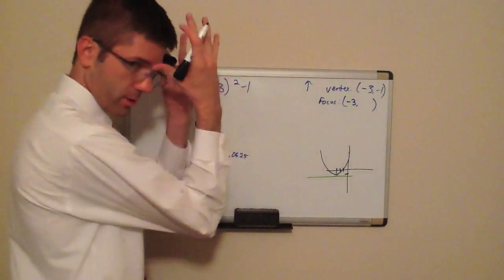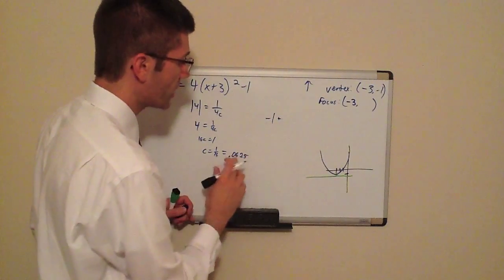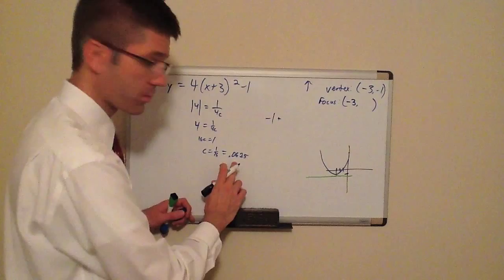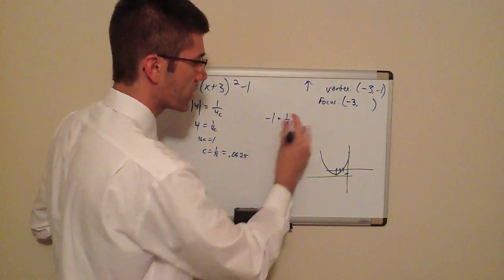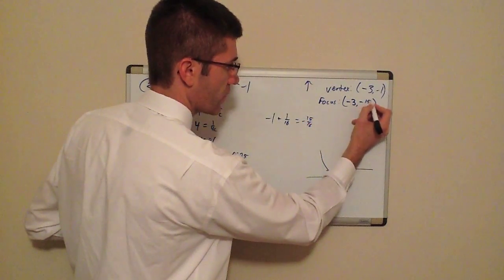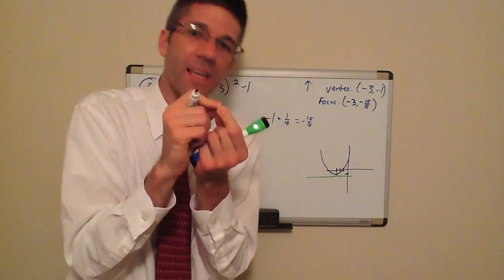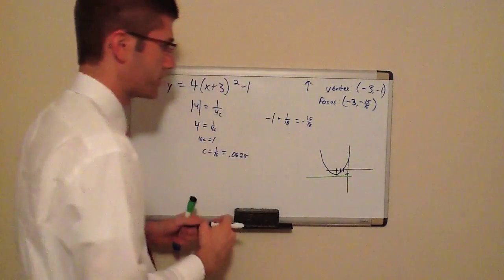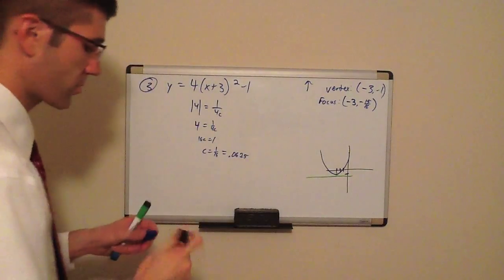This is scratch work, what's happening in my head right now. -1 plus 1/16 is -15/16. So it's -15/16. That's almost -1. It's 1/16 away from being -1. Okay, so we'll erase that and make a big mess.